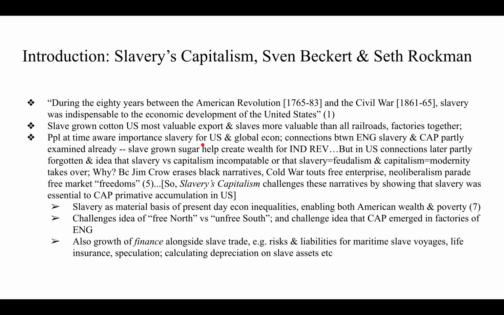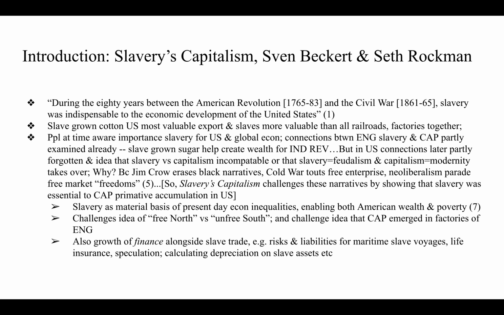And people at the time were aware of the importance of slavery for the U.S. and global economy. They knew the connections between slavery and capitalism. And in prior literature, some of this has already been investigated as well. People knew and saw that slave-grown sugar helped create wealth for the Industrial Revolution.